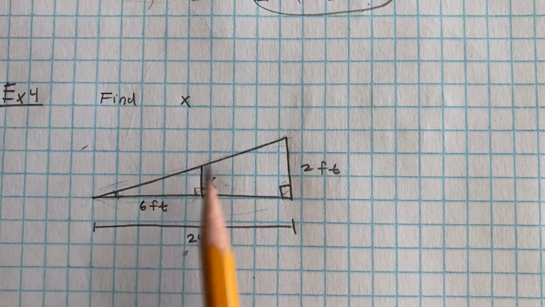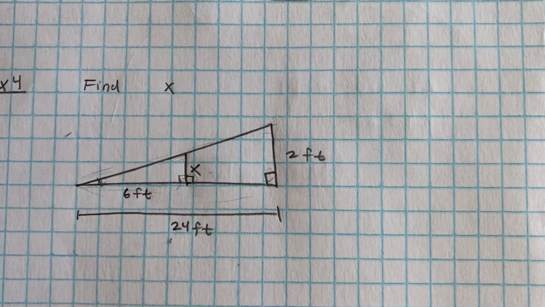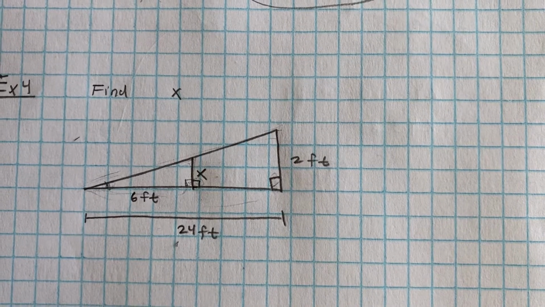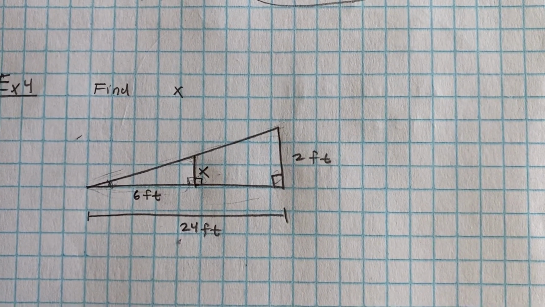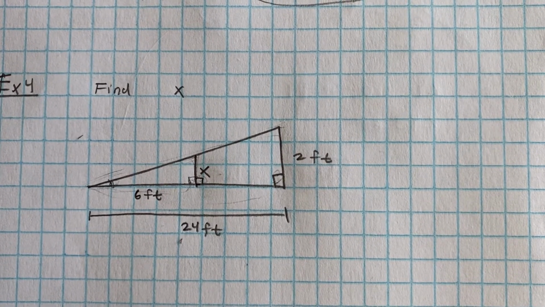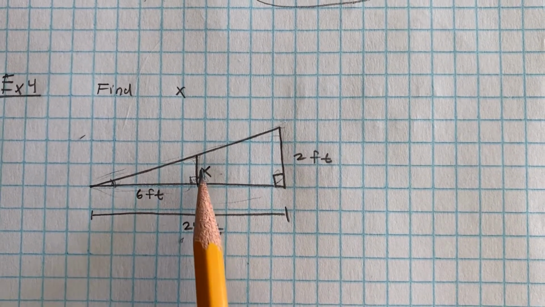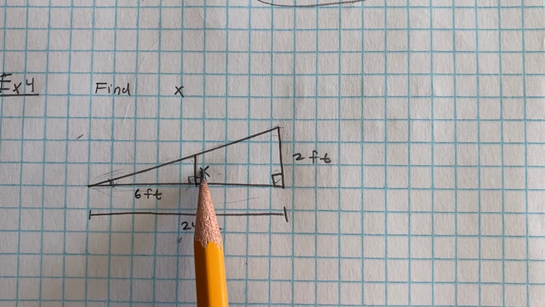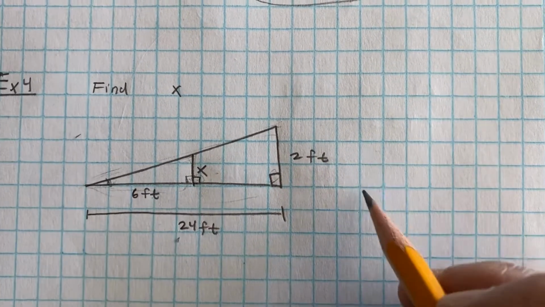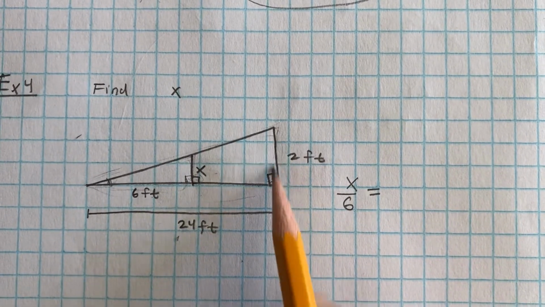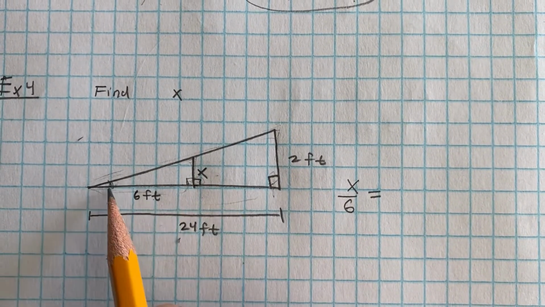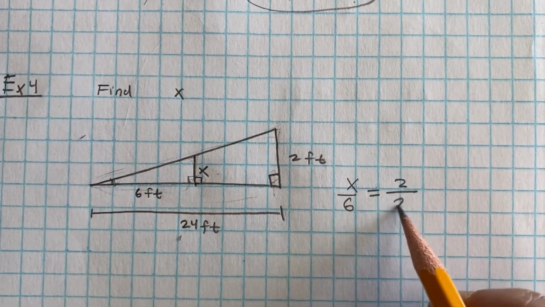Okay, now that you know that the small triangle is similar to the big right triangle, you can solve this no problem. Okay, so again, the proportion, the order of the letters or your variables and numbers matters. So I'm going to go from smaller leg to longer leg on the small triangle, small to long, x is to 6, as smaller leg to longer leg on the big triangle, 2 is to 24.